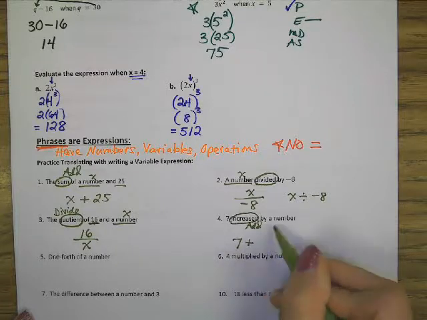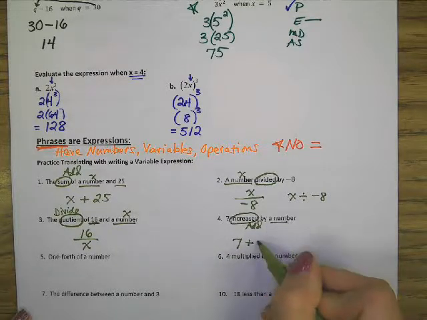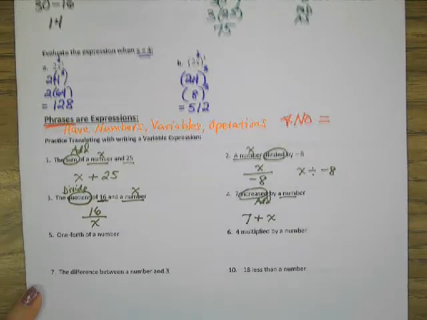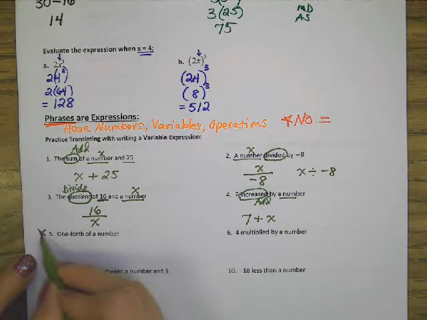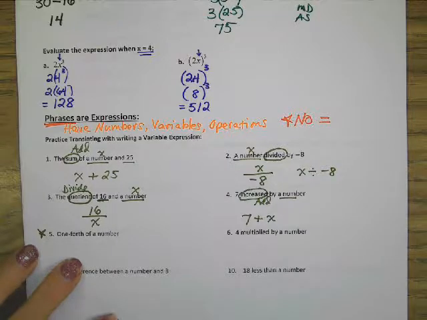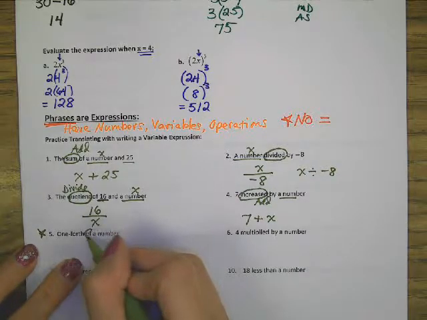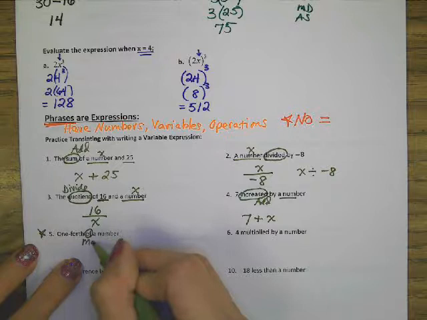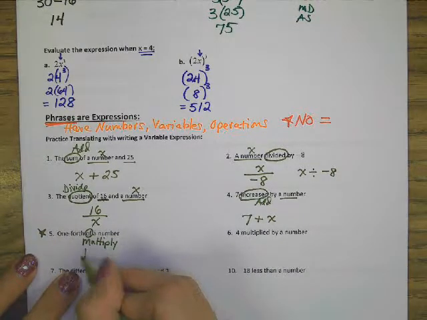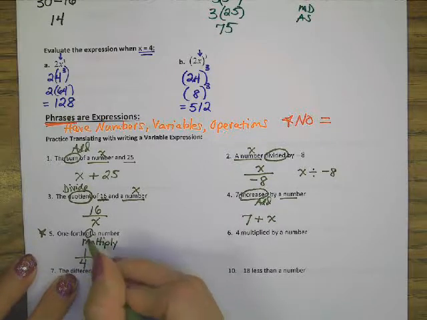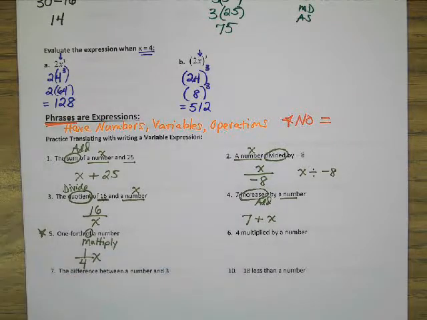Okay, where's the operation here? This one's kind of weird. Number 5. The operation is of. And of means multiply. 1/4 of a number. Of means to multiply. So all these operations that I'm circling, that's what you need to study.